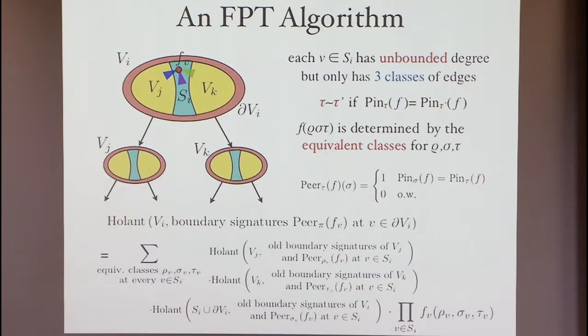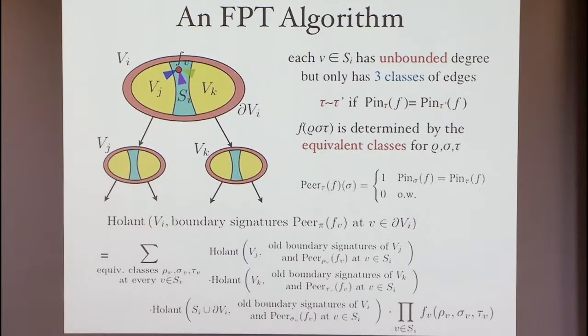But the good thing is we know that the size of the instance is bounded by treewidth. So we can apply our first algorithm, which computes the Holland in time exponential in the treewidth, so r to the treewidth. And we know all those pairing signatures are still r regular.